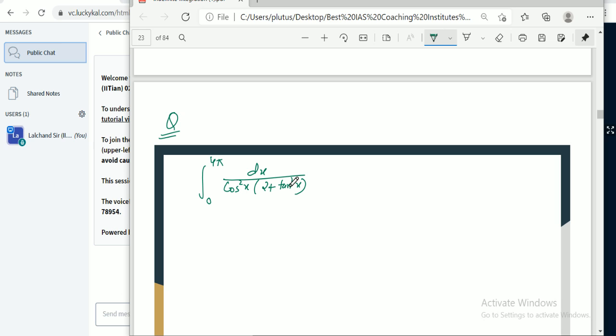Try to solve this question. Apply that property and try to solve this question.